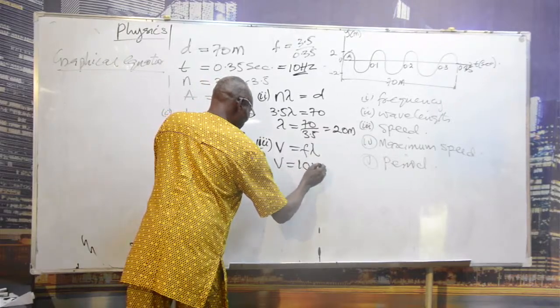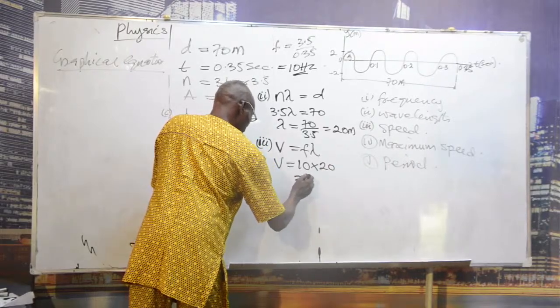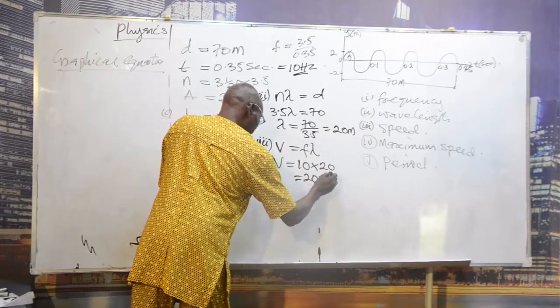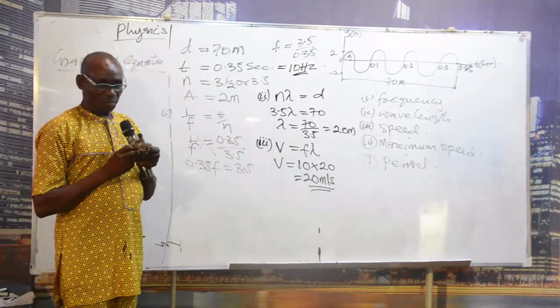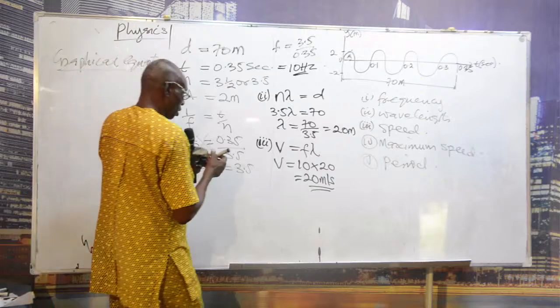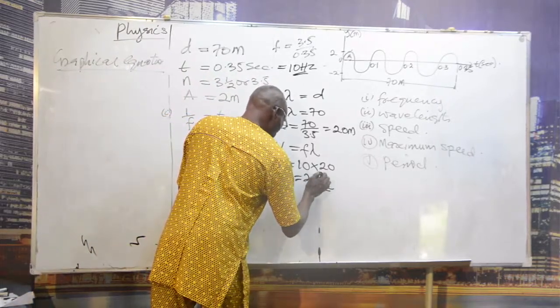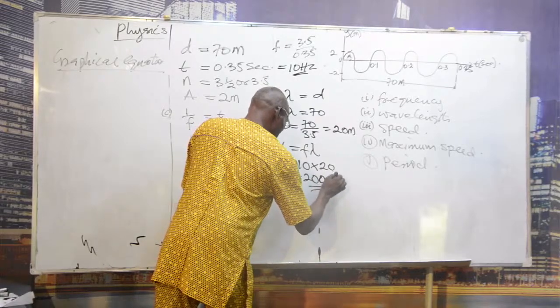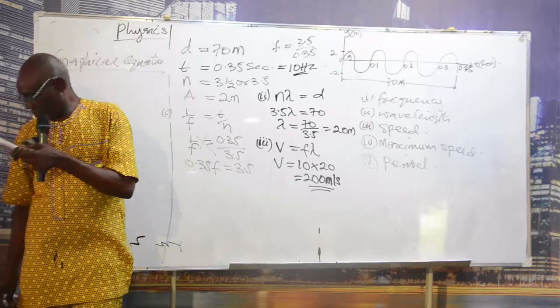What is lambda? 20. So the speed is 200 meters per second. Completed.